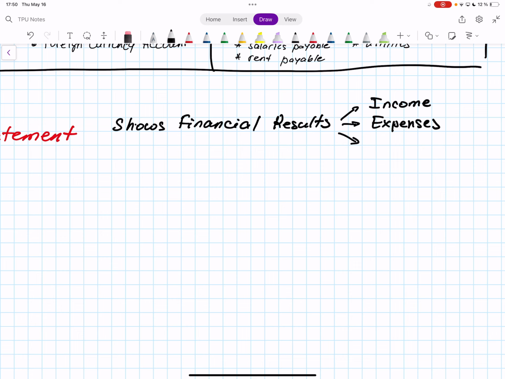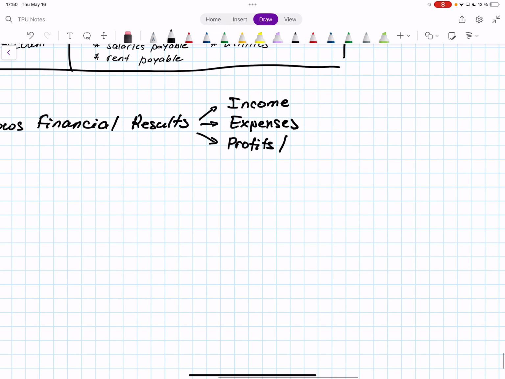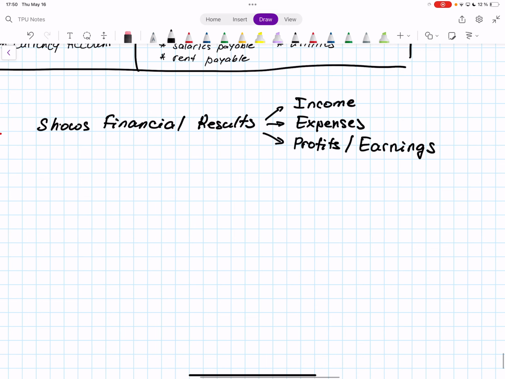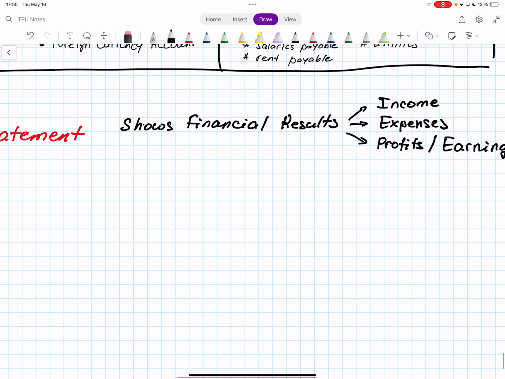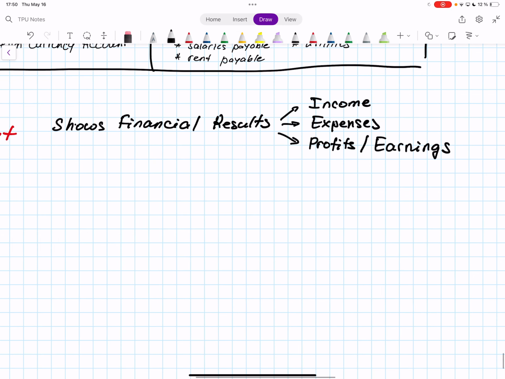In other words, it's profits, or earnings. Profits or earnings. So income statement shows financial results: income, expenses, profits.